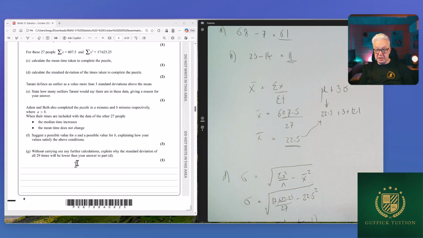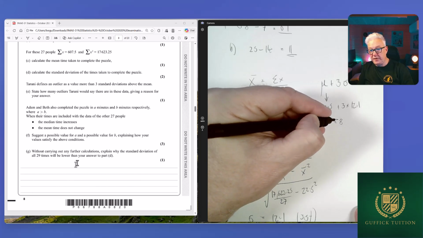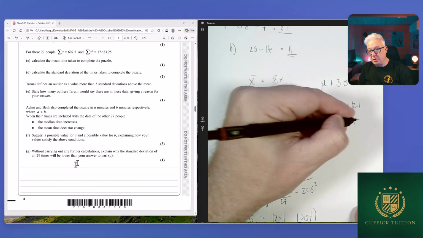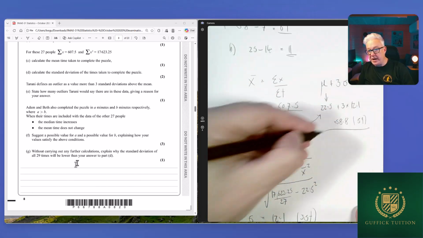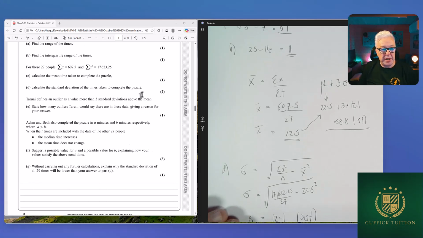So that is 22.5 plus 3 times 12.1, which is 58.8. I'll write it down as 58.8, or we could say 59, depending on what degree of accuracy we're rounding it to. It says state how many outliers there would be in these data. So let's have a look and see what the data says.